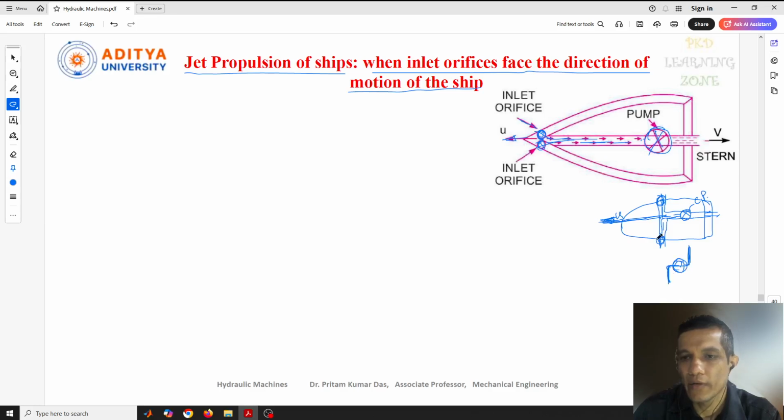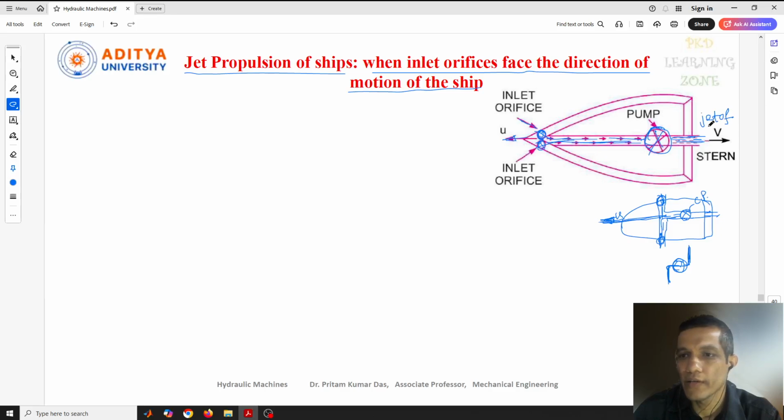So this is the pump. This is the suction part or inlet of the pump, and this is the outlet of the pump, or delivery pipe, where the water is moving out from the pump at this point.